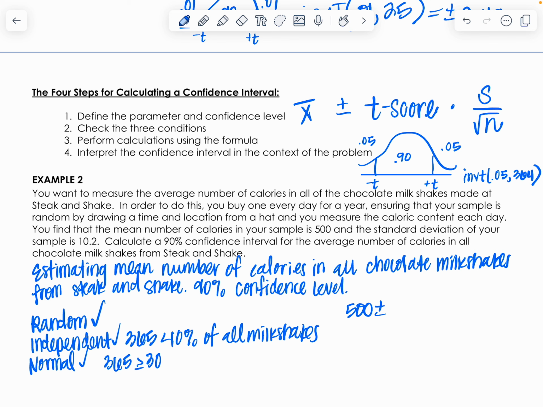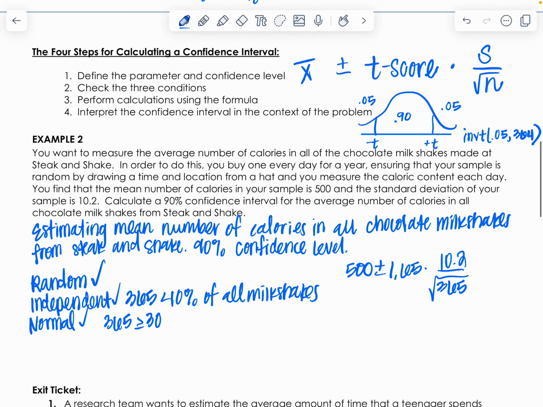And I get plus or minus 1.649 times that standard deviation over the square root of n. Okay, so now we're going to do 10.2 divided by the square root of 365. Multiply that by 1.65. There's our margin of error, 0.8809. Okay, that's a tiny margin of error.